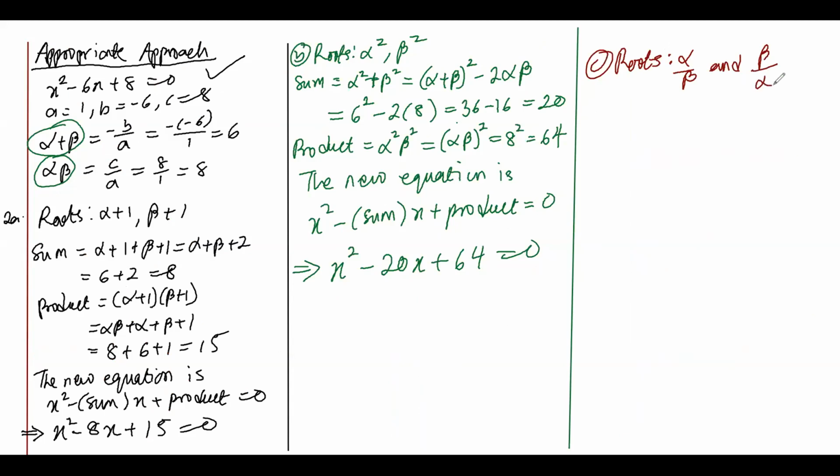I'm not asking you to write this all the time because it's already in the question. So you just go straight to the sum. You should begin with the sum. So the sum here is alpha over beta plus beta over alpha. What do I do?